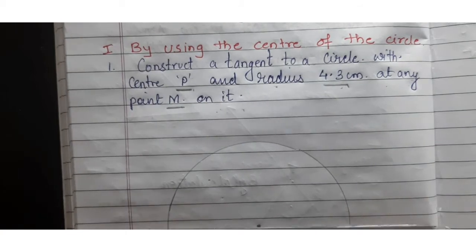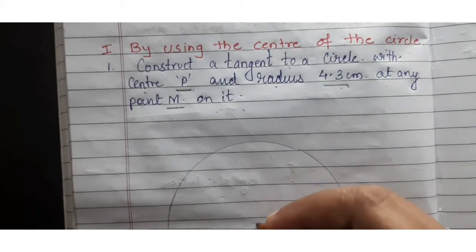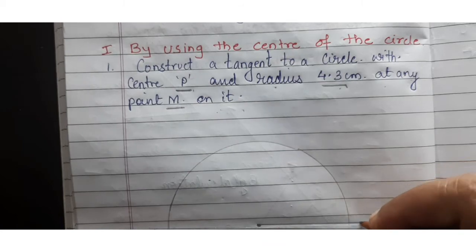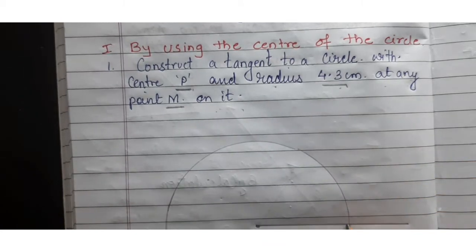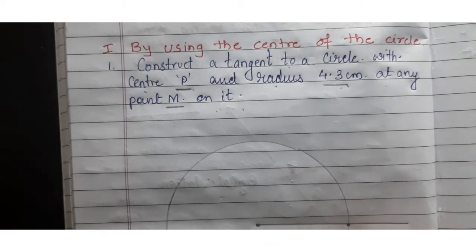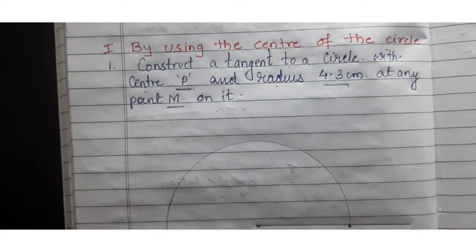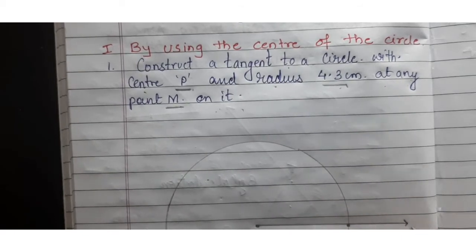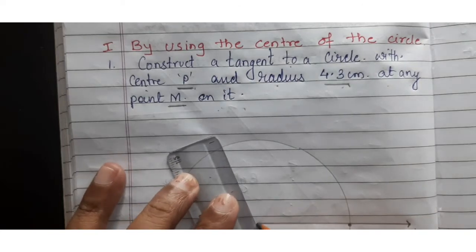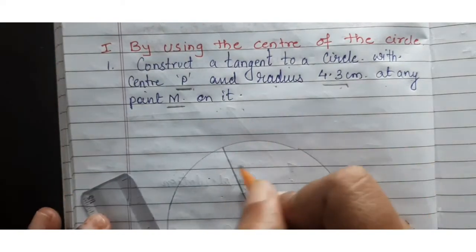Right, now I'll be joining the center of the circle and extending a line, and wherever the line is intersecting, that will be my point M. Now this is 4.3 centimeter.